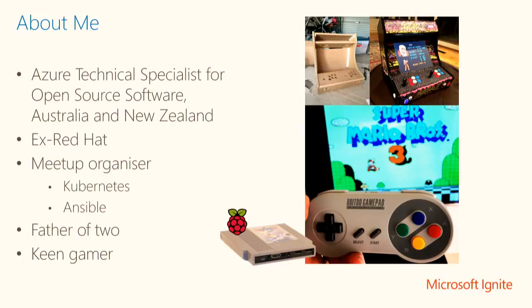That's my subject matter area. I run the Kubernetes and Ansible meetups in Melbourne and help out a little bit with the Sydney stuff as well. And I'm a keen gamer. Up here is my retro Pi arcade, of which I'm building far too many, according to my wife. Latest project is trying to squeeze one into a NES cartridge so I can port it around to my mate's place.